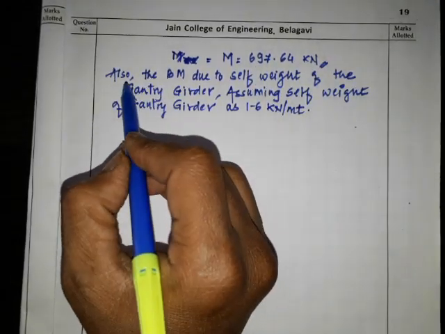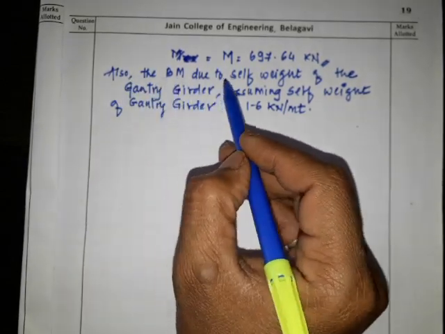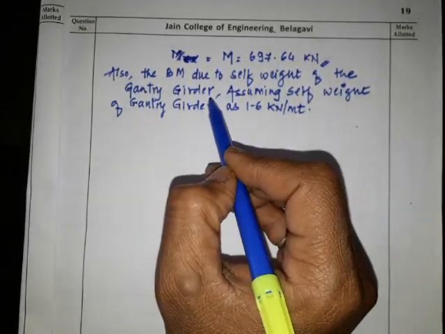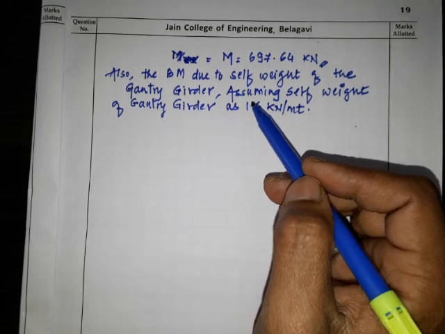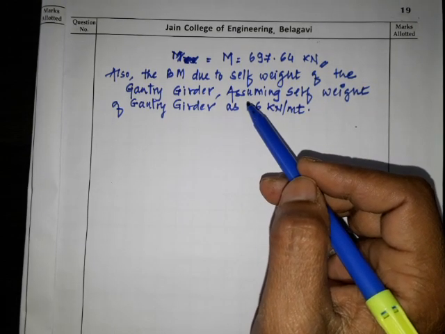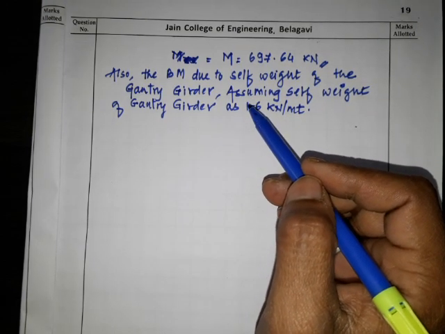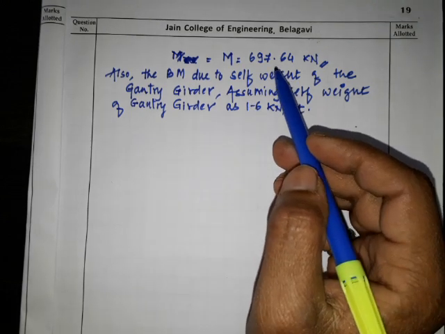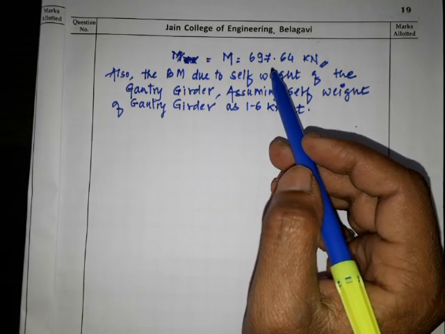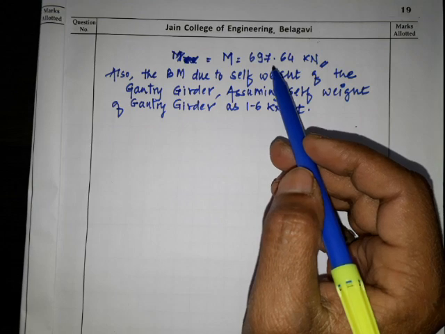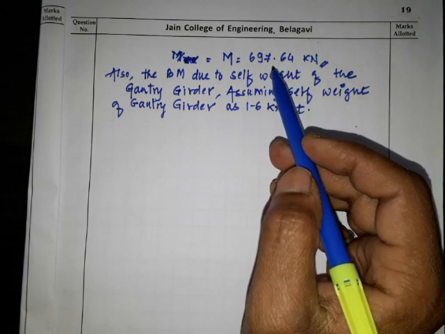Then after that, also the bending moment due to self weight of the gantry girder. So we have to consider the self weight of the gantry girder also. This is due to the self weight of the trolley, crab and the crane capacity we have considered, correct? So we have to add the self weight of the gantry girder also.